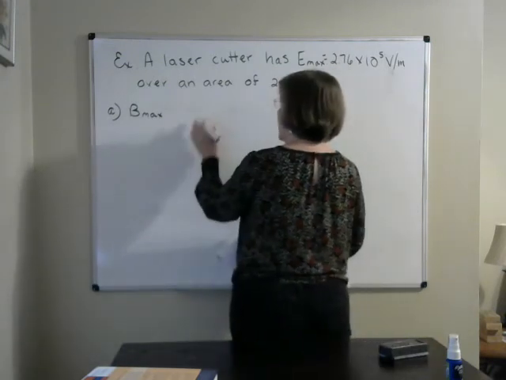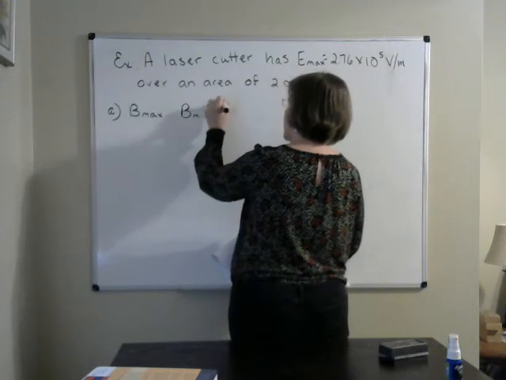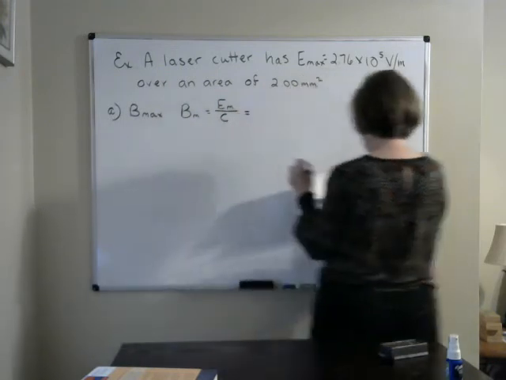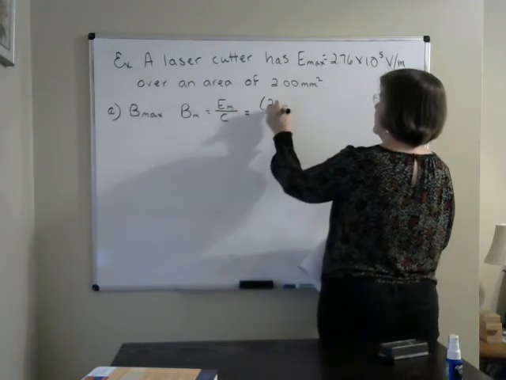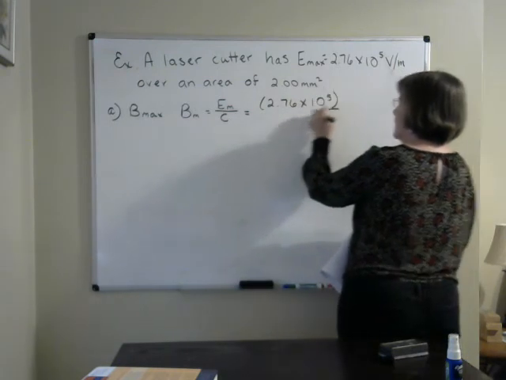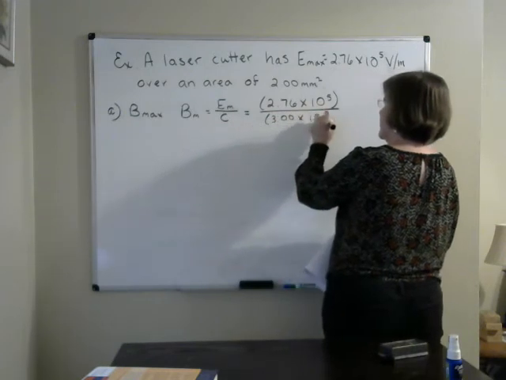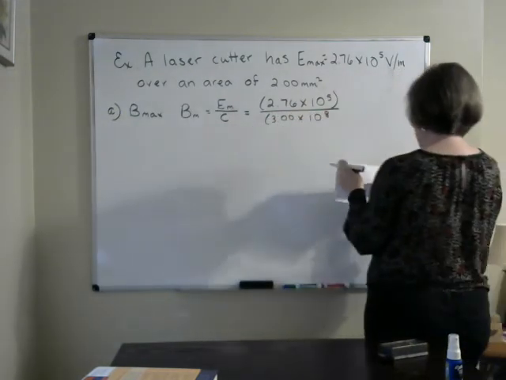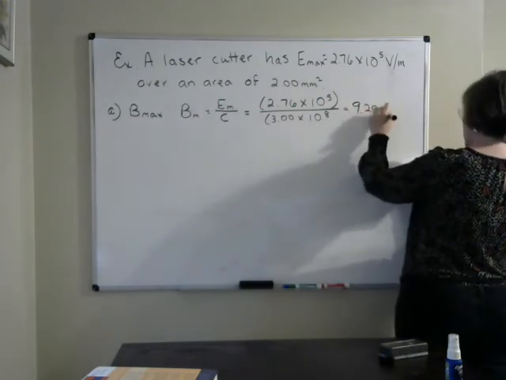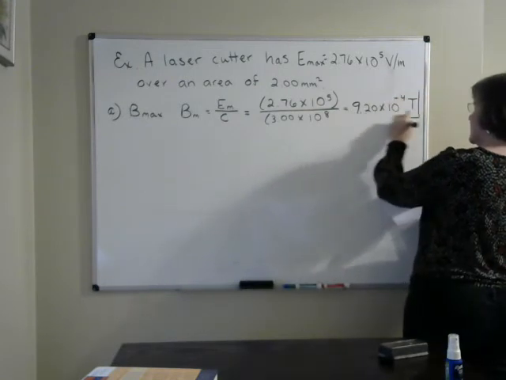We know that the maximum magnetic field is just the maximum electric field divided by C. So this is going to be 2.76 times 10 to the 5th over 3.00 times 10 to the 8th. That comes out to be 9.20 times 10 to the negative 4 Tesla.